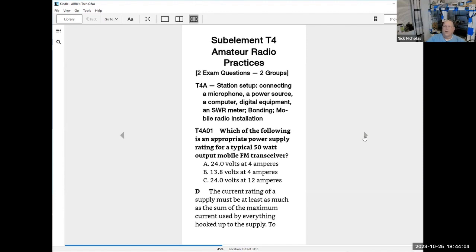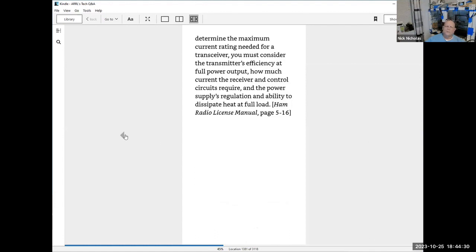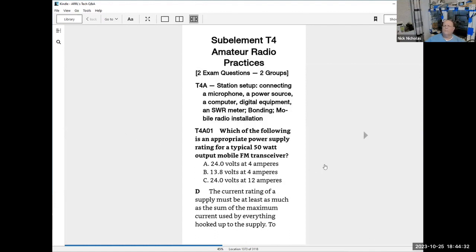T4 A01, which of the following is an appropriate power supply rating for a typical 50-watt output FM transceiver? Let's think about this one before I answer it. I know it shows you the answer there, but by the way, I think the answer technically is not shown.